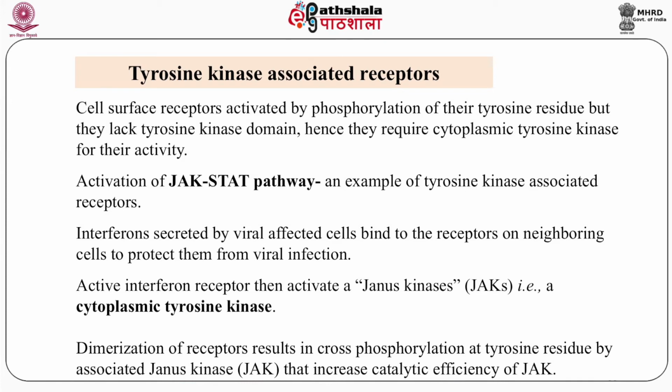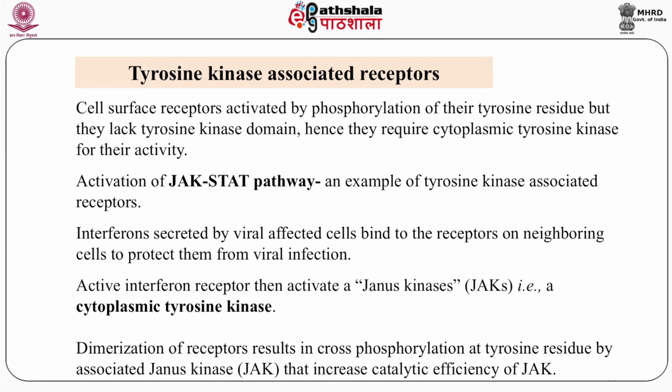Activation of the JAK-STAT pathway is an example of tyrosine kinase-associated receptors. Interferons secreted by virus-infected cells bind to receptors on neighboring cells to protect them from viral infection. Active interferon receptors then activate Janus kinase, that's the JAK kinase, which is a cytoplasmic tyrosine kinase.